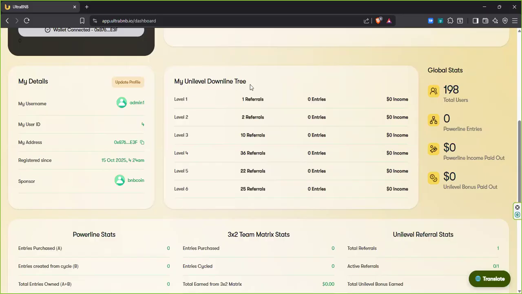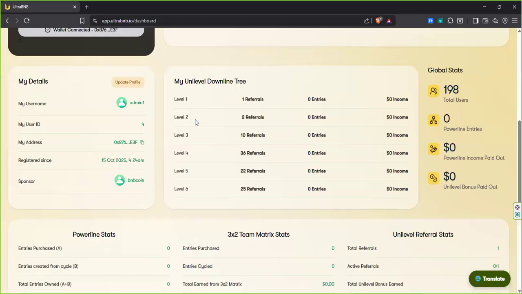Your unilevel downline tree is the unilevel network, by the way. It is commissioned to 6 levels deep, but you earn this reward infinitely. As you can clearly see, I have referred only one person in this particular account. I purposely created this for this type of training session.